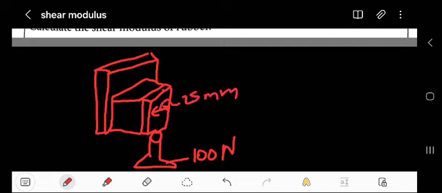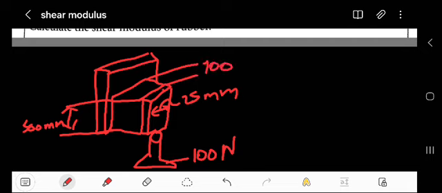Then this distance of this box there will simply equal 300 millimeter. Then this one like that simply equals 100 millimeter.